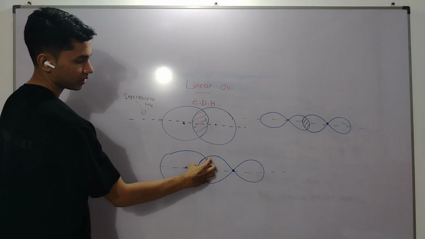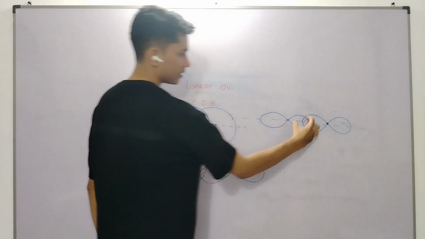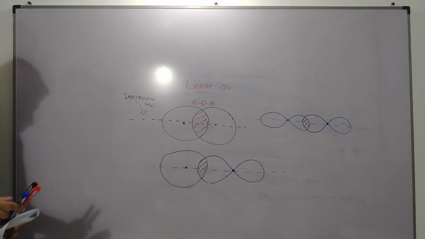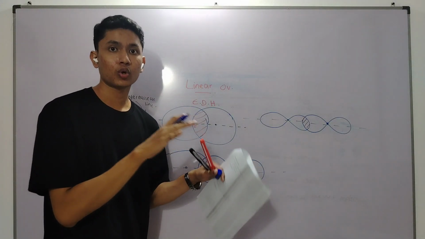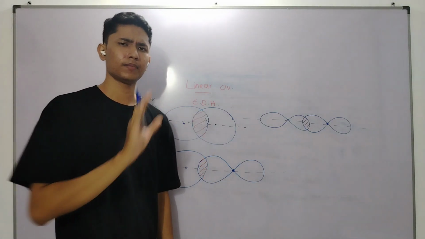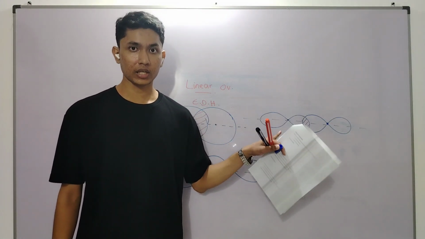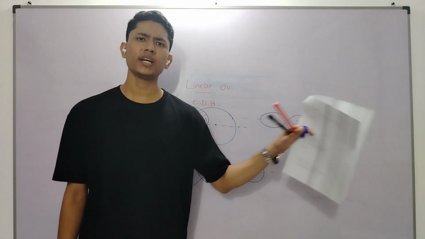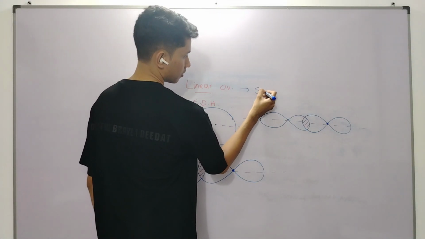So this linearly overlapped covalent bond is given a name. It is called a sigma bond.